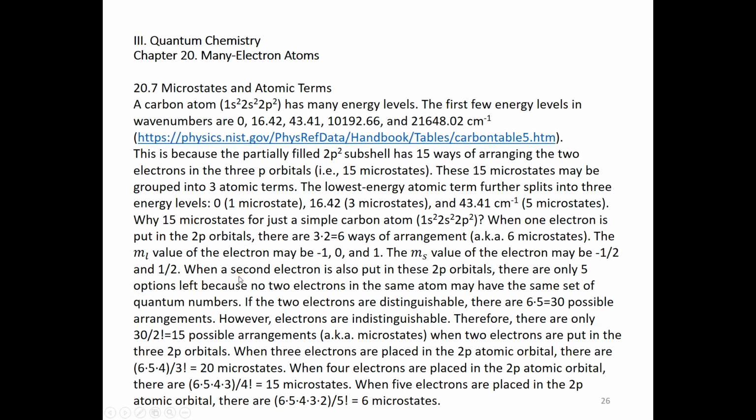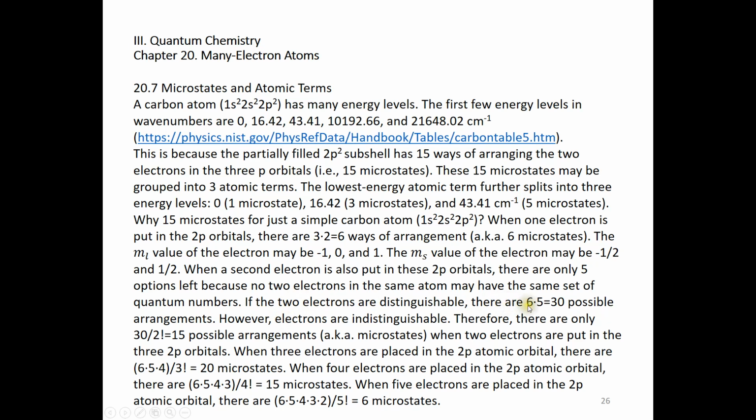Now after we put the first electron into the 2p orbitals, let's place a second electron in these 2p orbitals. Now there are only 5 options left, because no 2 electrons in the same atom may have the same set of quantum numbers. This is why the first electron has 6 options, but the second electron has only 5 options.